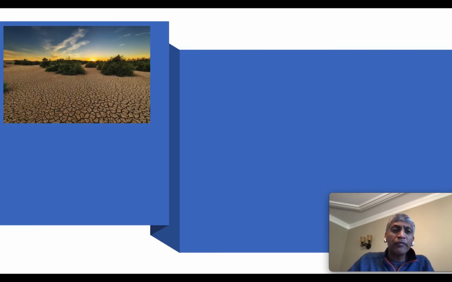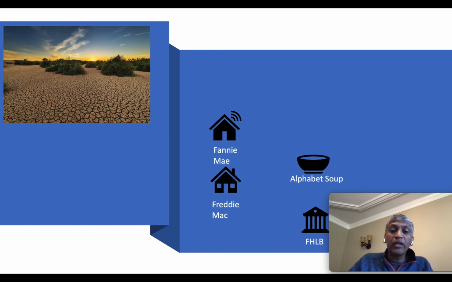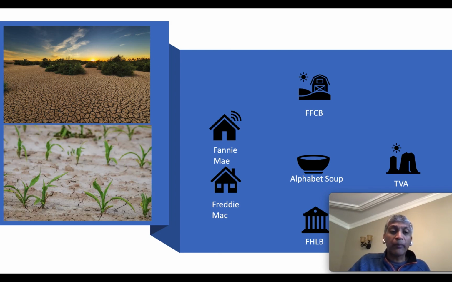So, moral of the story, in order for the country to come out of depression, there was an alphabet soup of sorts that was created: the FHLB, the Fannie Mae, the Freddie Mac, the FFCB, the TVA. All of these are entities that were created to make money supply available to the community and stimulate the economy and create a better outcome for all of us.